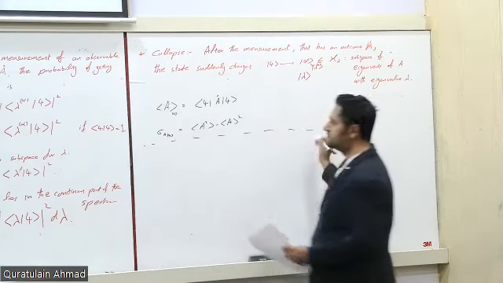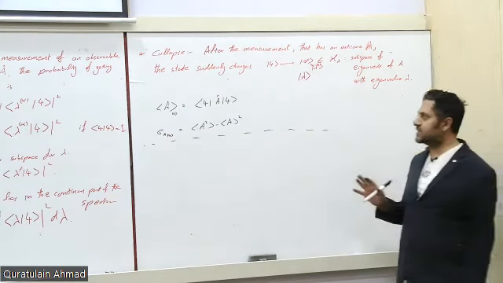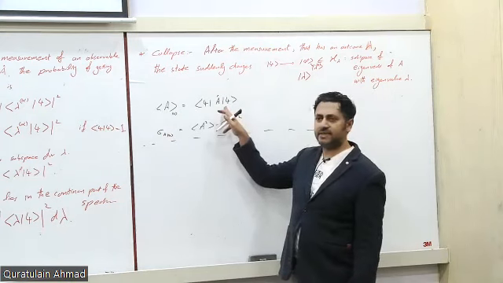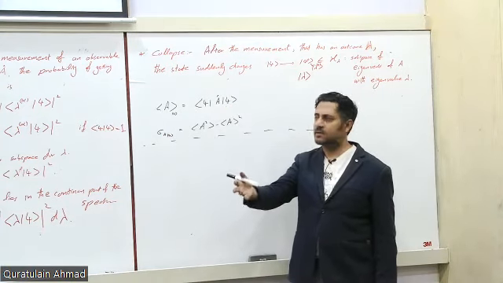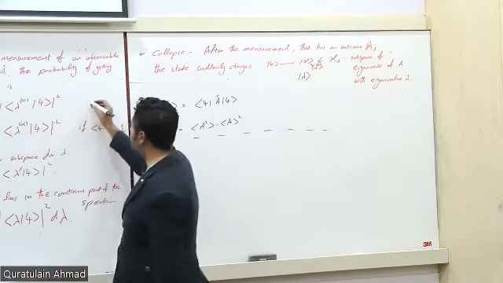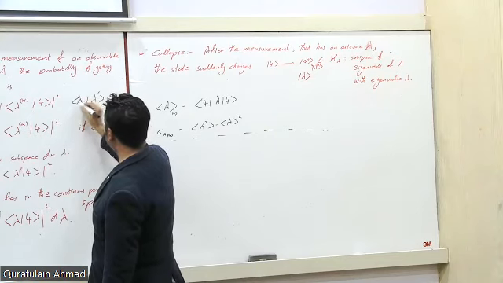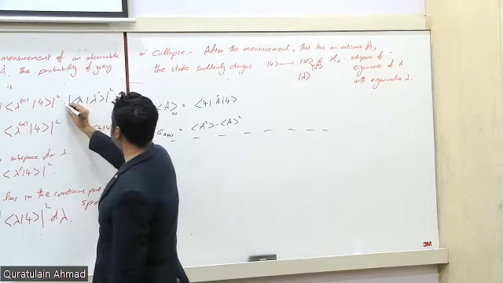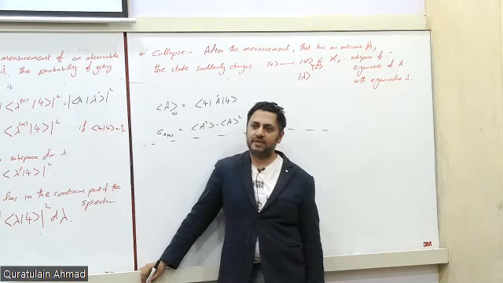However, so everything is probabilistic. But notice that if you are in an eigenstate, then you are sure that only this will come up. What happens to this probability? If I am in state lambda dash, then this probability is 0 unless lambda is equal to lambda dash.